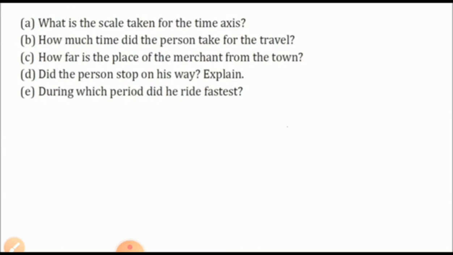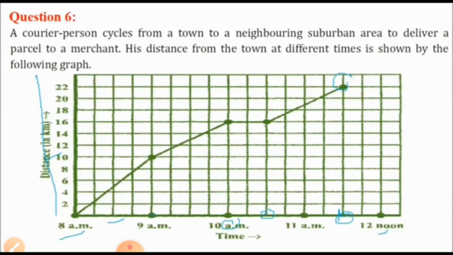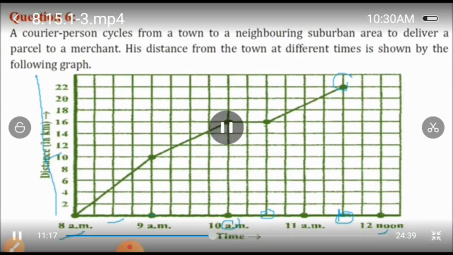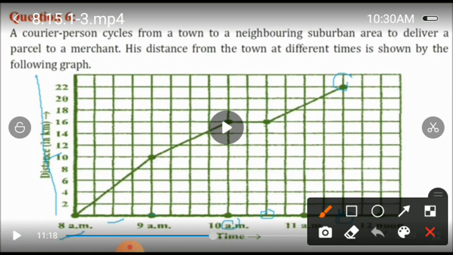What is the scale taken for the same one? Yes, my dear student, you can see here what the things are given. Will you check it better? Yes. See, I will put it on the screen here to show you. See, it is 9 a.m. It will reach 10 kilometer away.